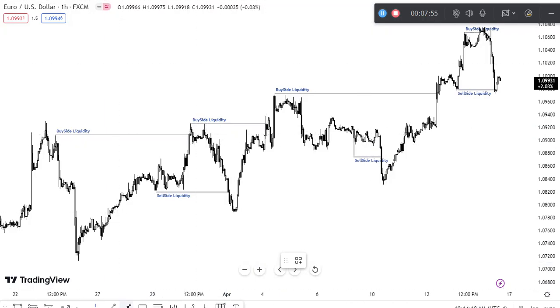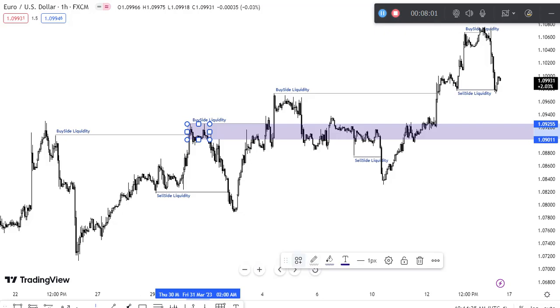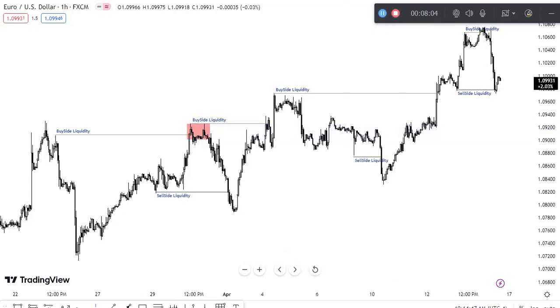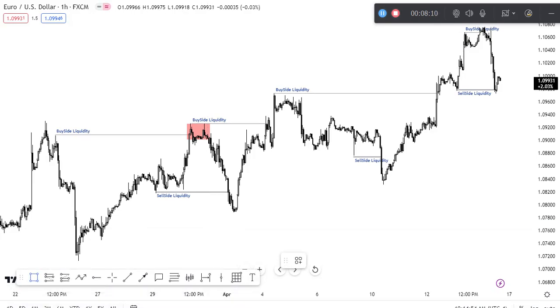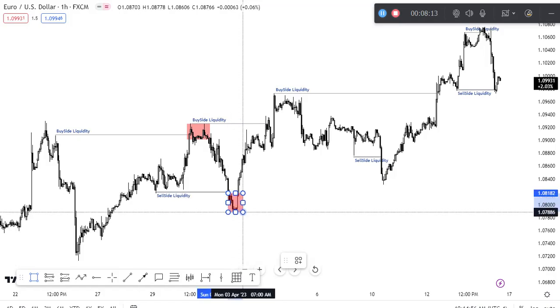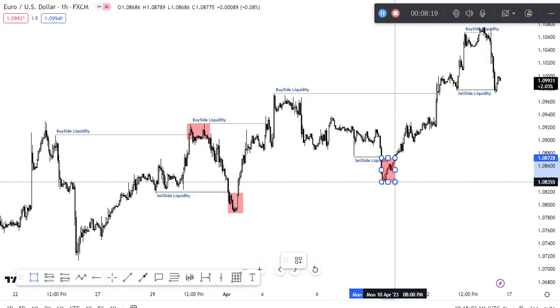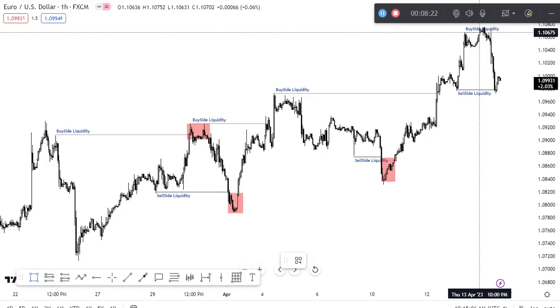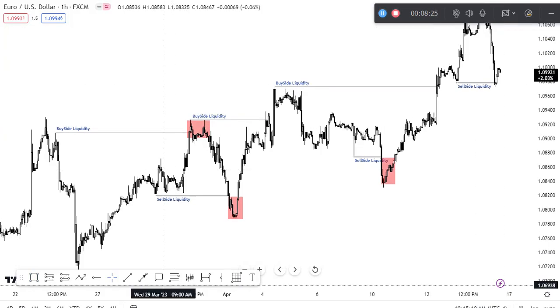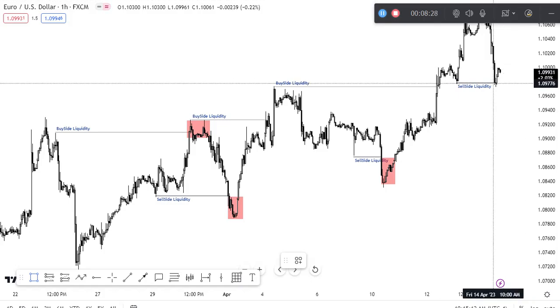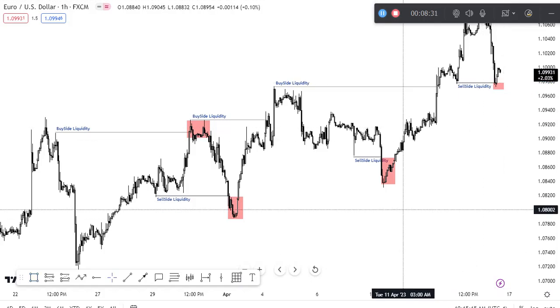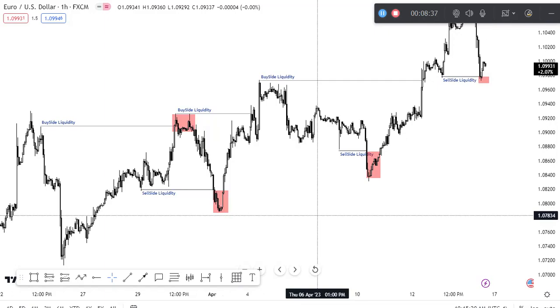So in other words, price formed specific patterns within these zones right here to indicate the potential reversal that we utilize to identify high probability reversal trades, with a few additions like correlating pairs, but all that will be taught at a later stage of the course.